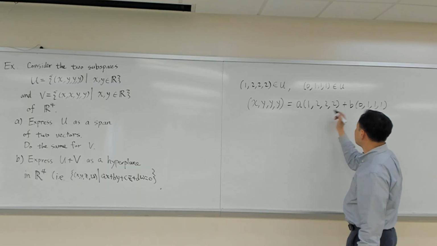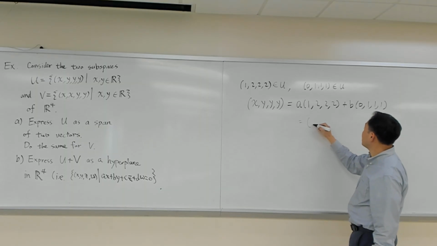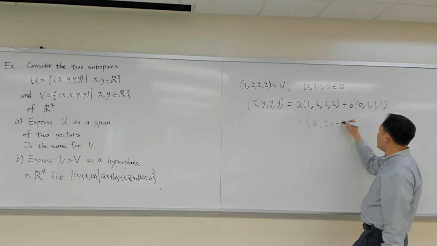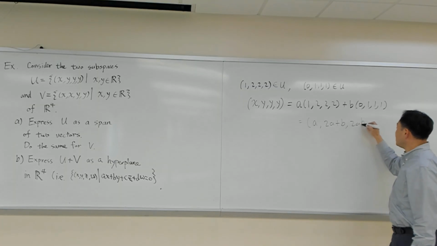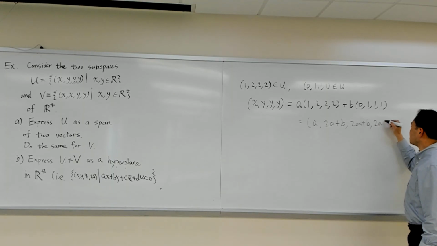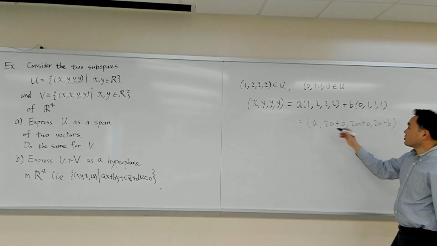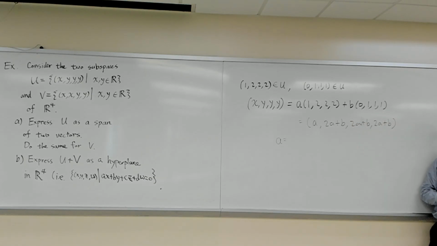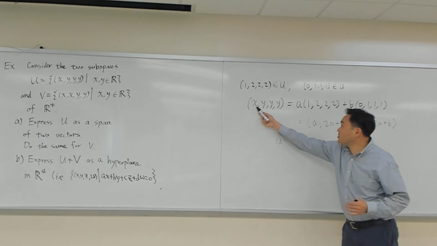Now let's try to simplify this. What is this? This is A plus 0, comma 2A plus B, 2A plus B, 2A plus B. Okay. So for this to be equal to this, A has to be X, right? See, you have X here, you have A here.